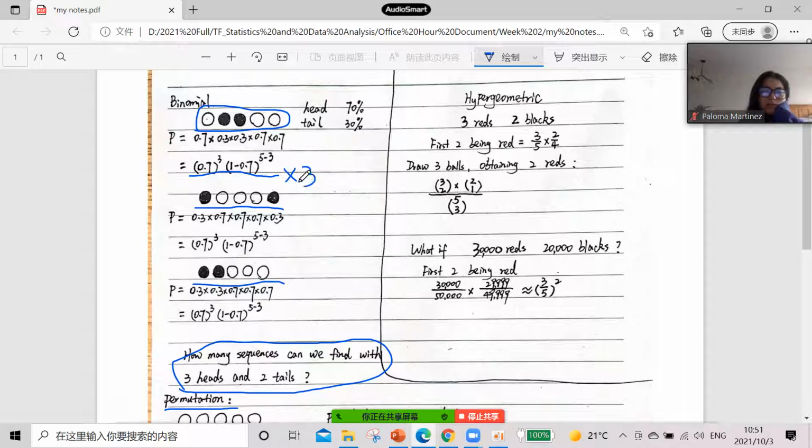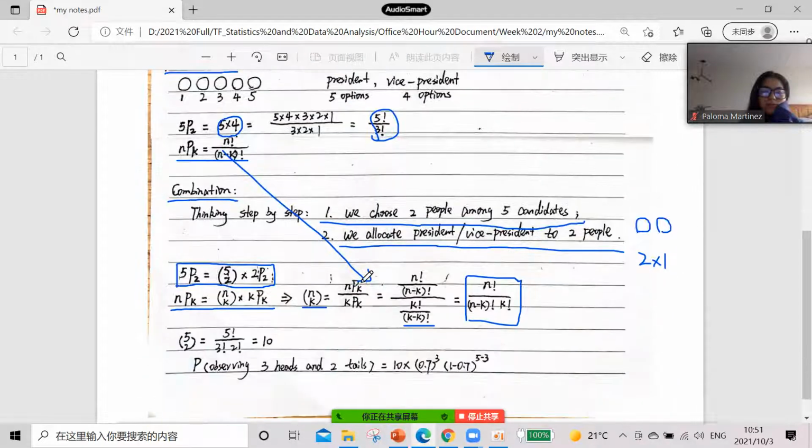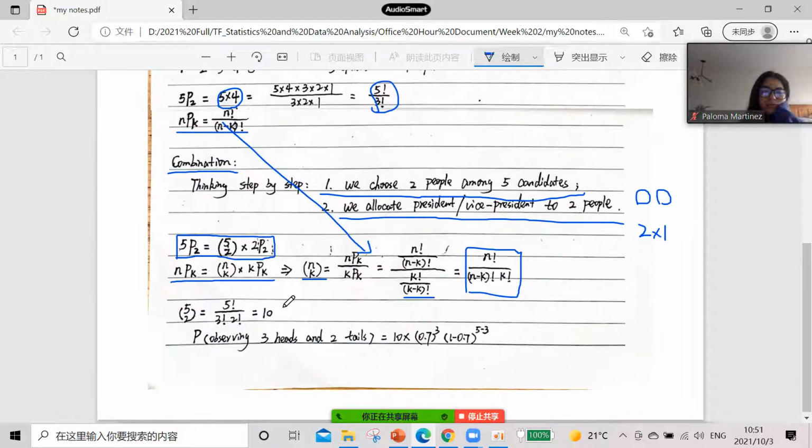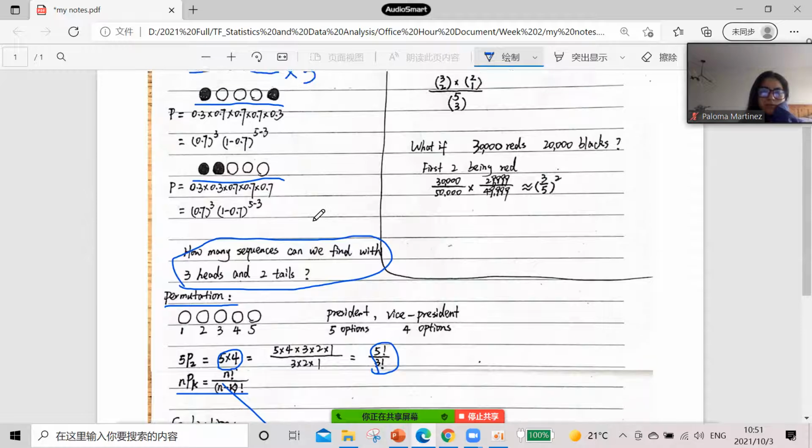But I don't know how many of this kind of sequence I can draw. But here I come up with an idea. I don't need to draw them anymore. I know what 5 choose 2 is. I just plug numbers into this formula and I know what 5 choose 2 is. So I know how many sequences I can draw like this.